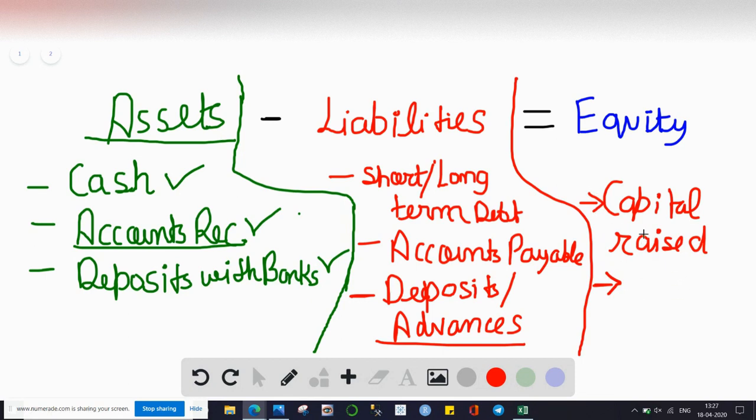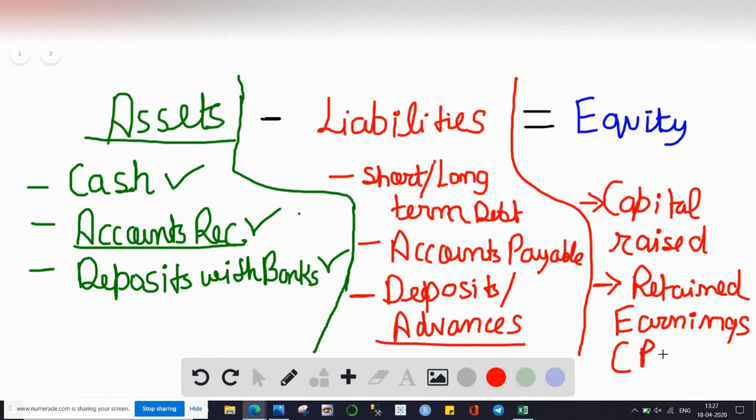But as of now, capital raised is mostly used in terms of equity share capital, which is raised to finance projects, expand the business, or finance day-to-day operations. Capital raised and retained earnings. And as a part of retained earnings, profit and loss.